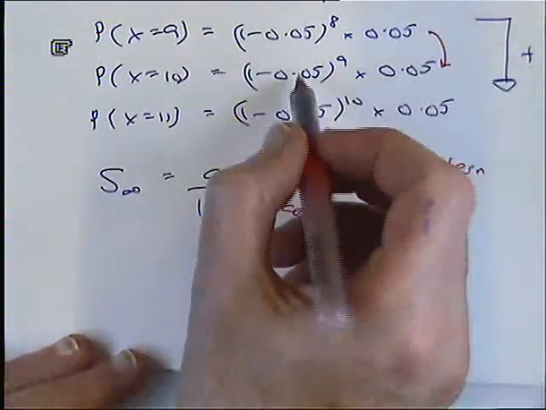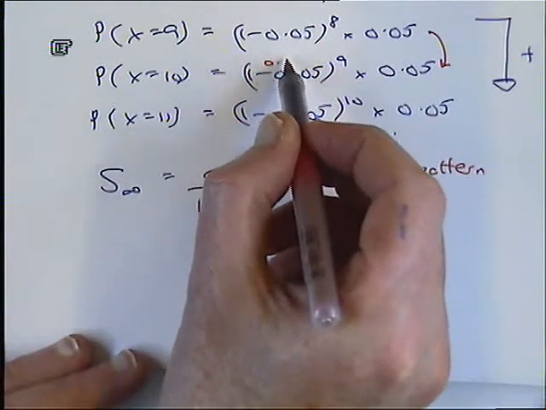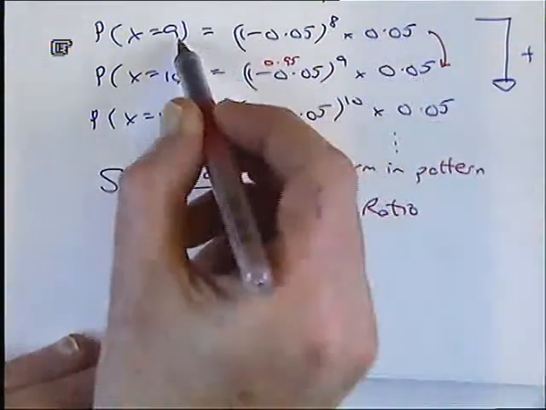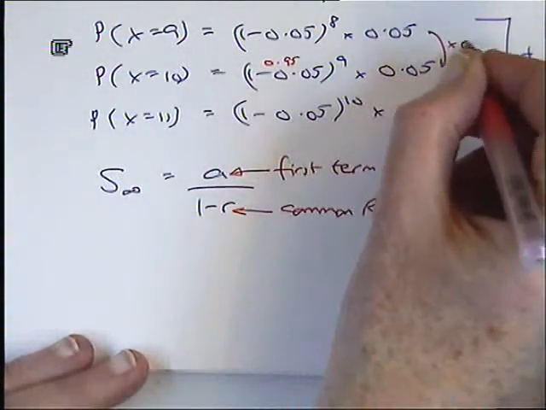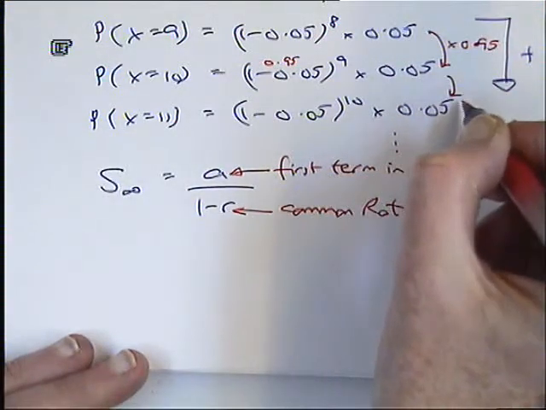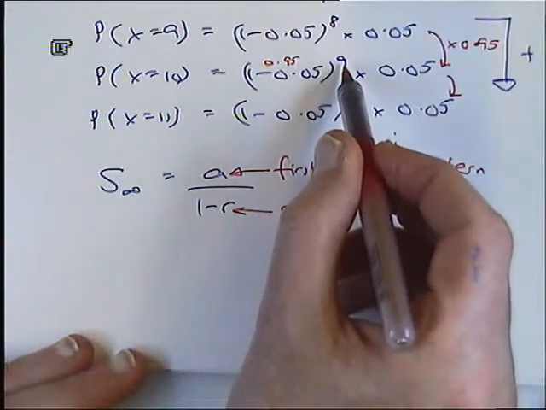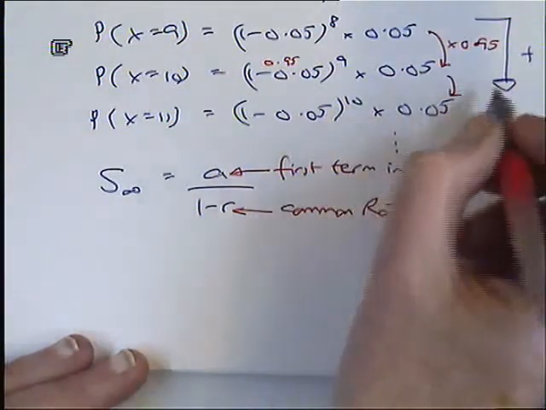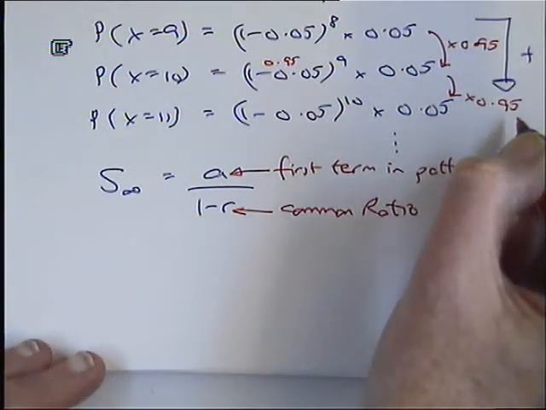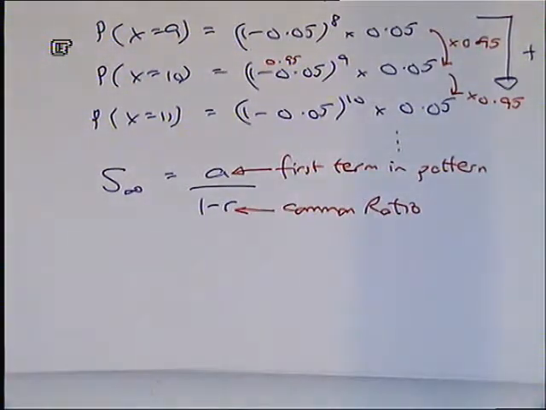You're multiplying by another one of these. And that bracket has got a value of 0.95. So to get from the 9th bit to the 10th bit, you are timesing by 0.95. And to go from this line to this line here, again, you're timesing by an extra one of these. Instead of having 9 of those times together, here you've got 10 of them times together. So again, you're timesing by 0.95. And that 0.95 is this common ratio down here.